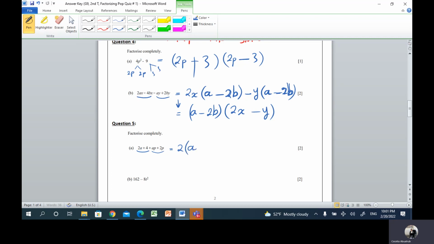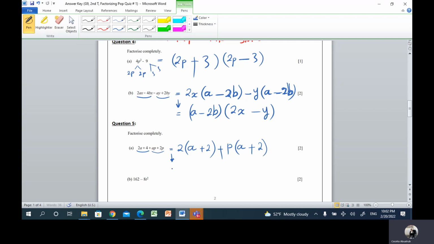Here it will be an a, the first term, because 2 times a will give us back 2a, plus 2, because 2 times 2 will give us the second term, which is 4, plus ap plus 2p. So here p is the common factor, so it will come out, and then the first term will be a, because p times a will give us back ap, plus 2, because p times 2 will give us back the 2p.